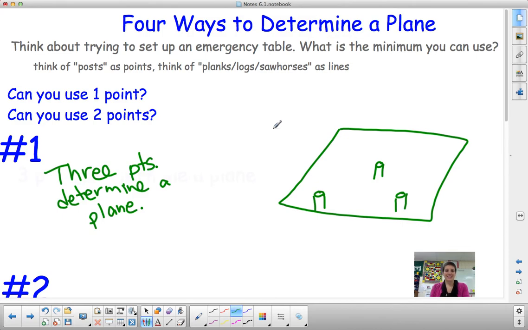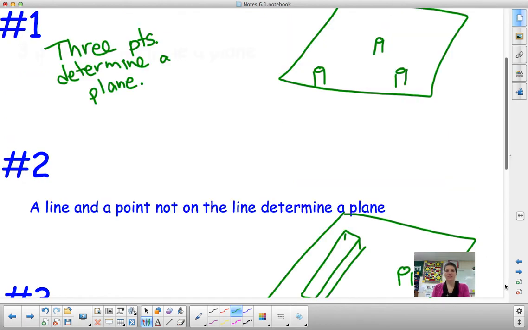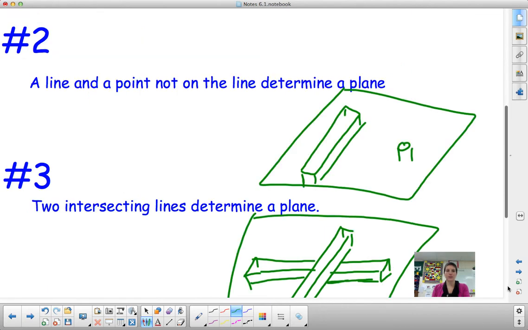All right, today is not my technology day. 3 points determine a plane. So let's go to step 2. And in step 2, we talked about a line and a point not on the line determine a plane. So if we had a line and a point, then we would be able to say that we had a plane. 2 intersecting lines determine a plane.